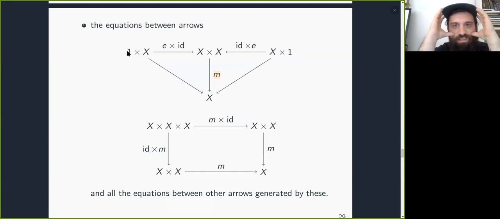So, let me see how I put this. If we're using our intuition about sets or types, whichever you prefer, then as a type or as a set, this thing here is technically different from this thing here.